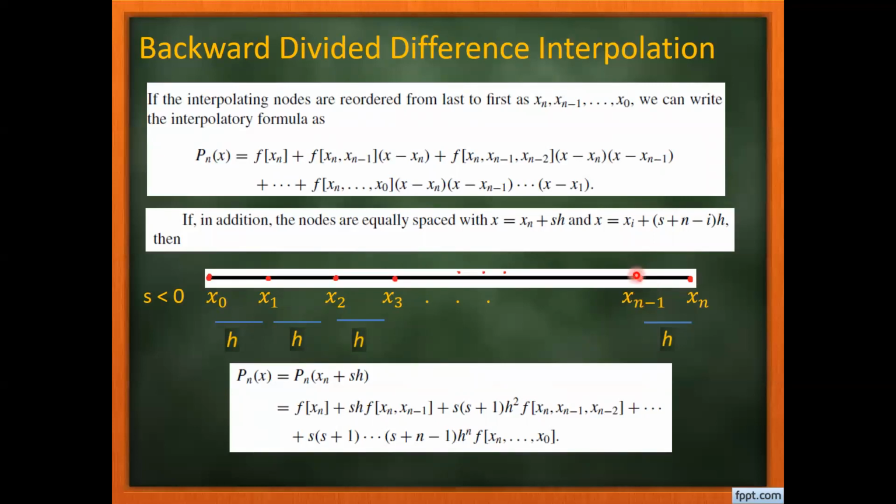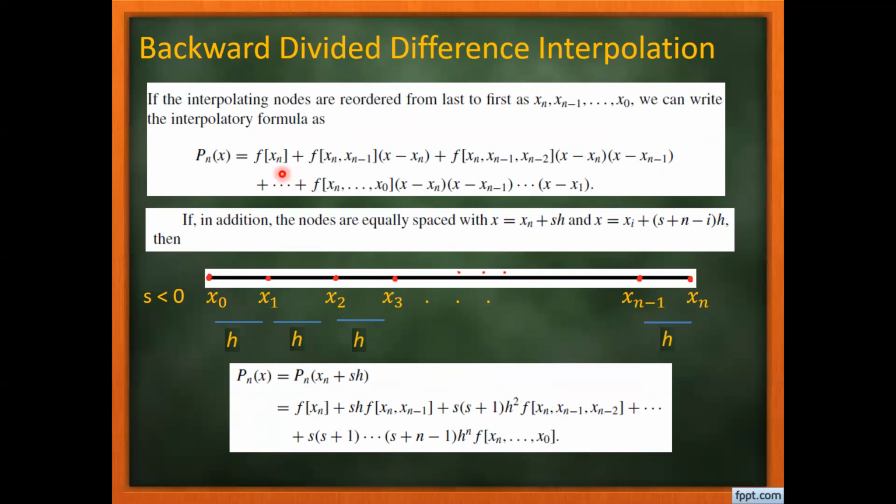Similarly, by subtracting some multiple of h, I can reach x3, x2, and x1. So in backward difference form, once I am given the value of xn, I can approach all these previous node values by subtracting some multiple of h.